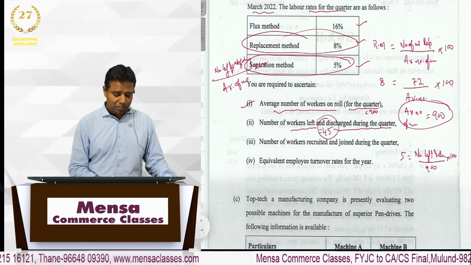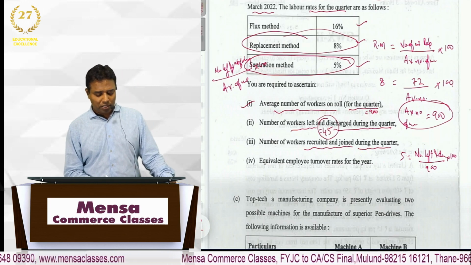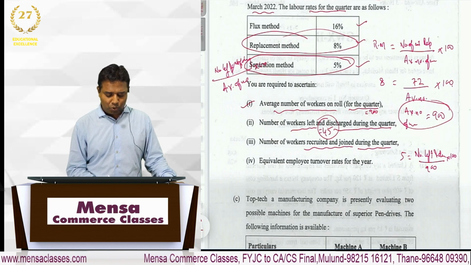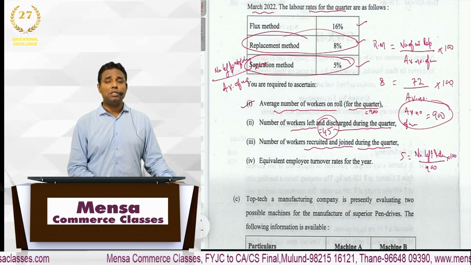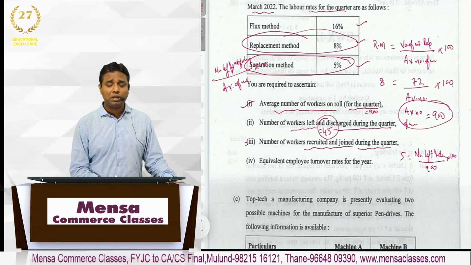Done. Next, number of workers recruited and joined during the quarter. For this we'll use the flux method.